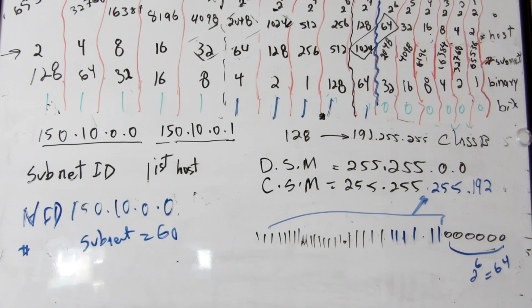So these are examples of classless CIDR notation. Actually, 6 of them is going to be /26. The CIDR notation is another way of allocating the IP address.